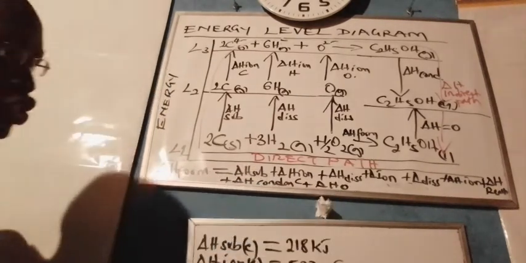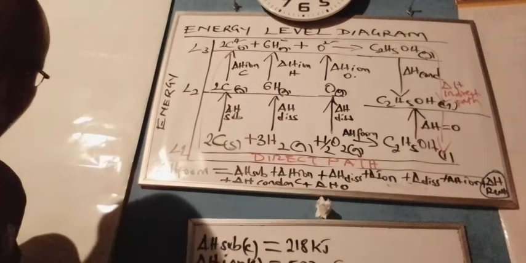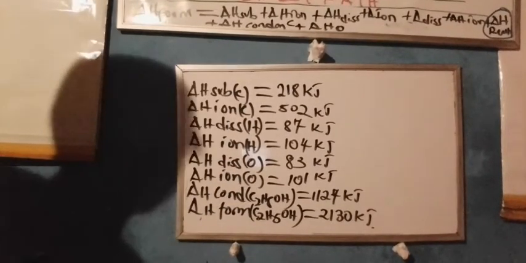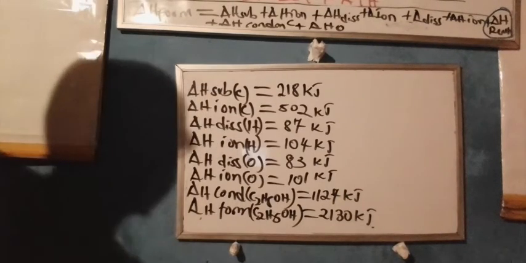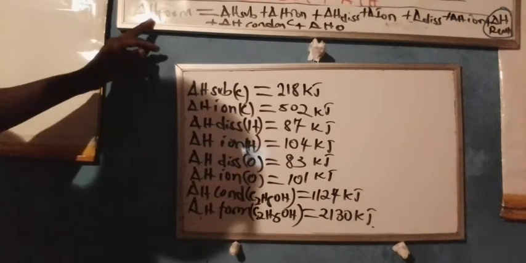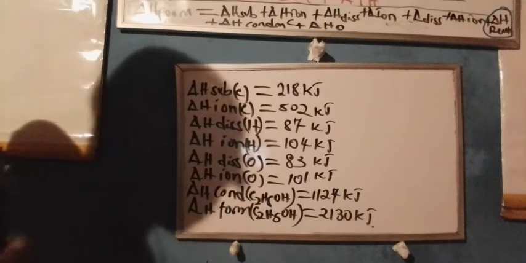So with this representation, our aim will be simply to quantify the required value, which is delta H reaction. Now we have all the other values given, as you can see down here, except the enthalpy of reaction. So by substitution, we are going to simply add all these values and then subtract from the main value, which is the delta H of formation, to enable us obtain the enthalpy of reaction.